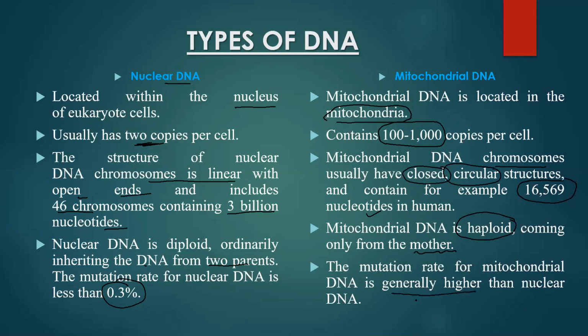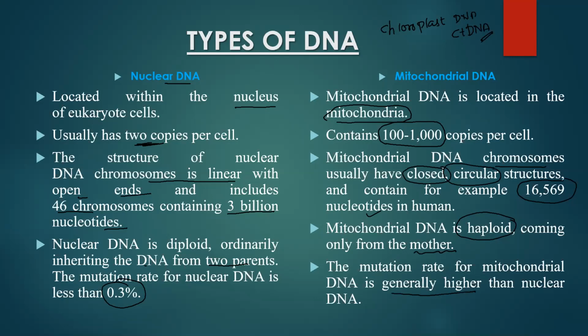Apart from nuclear DNA and mitochondrial DNA, there is also another form called chloroplast DNA, written as ctDNA.